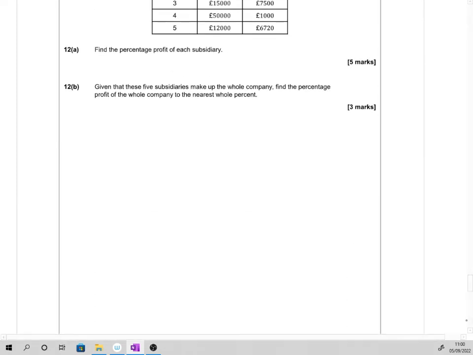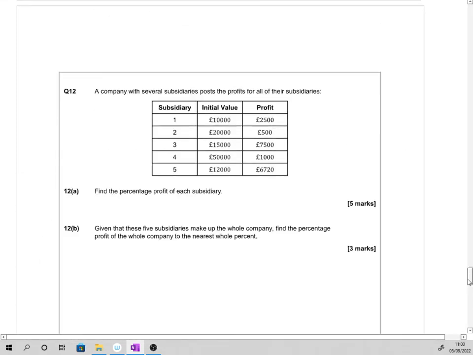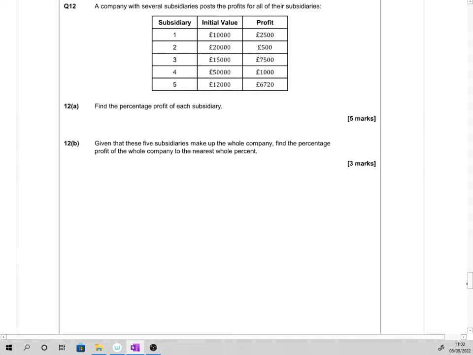Okay, not the last ones yet. So, a company with several subsidiaries posts the profits for all of them. Initial value, profit. Find the percentage profit of each subsidiary.